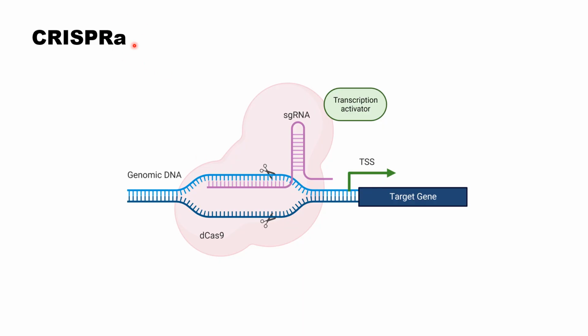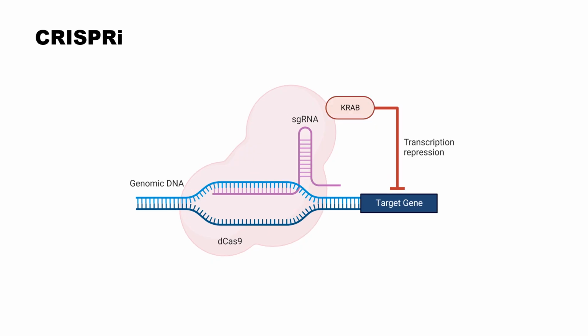So this is the activation. That's why this is called the CRISPR-A system. In a very similar way, it can also be used for inhibition, CRISPR-I. Instead of an activator, if you add a suppressor gene here, then it can block the synthesis of gene expression.